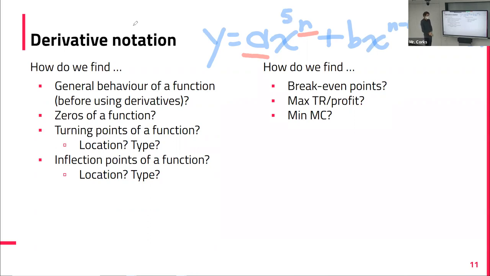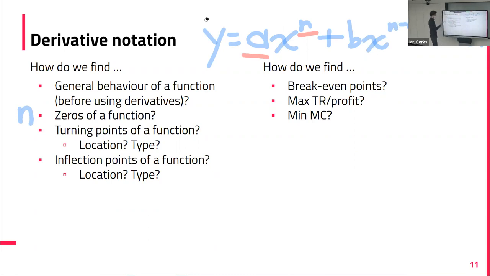The minimum number of zeros is 0, or if it's odd, then it'd be 1. Like we could have an x squared that never touches. What's the maximum number of zeros? That exponent, n, or in this case 5. So that's the maximum number of times that the function can cross the x-axis.